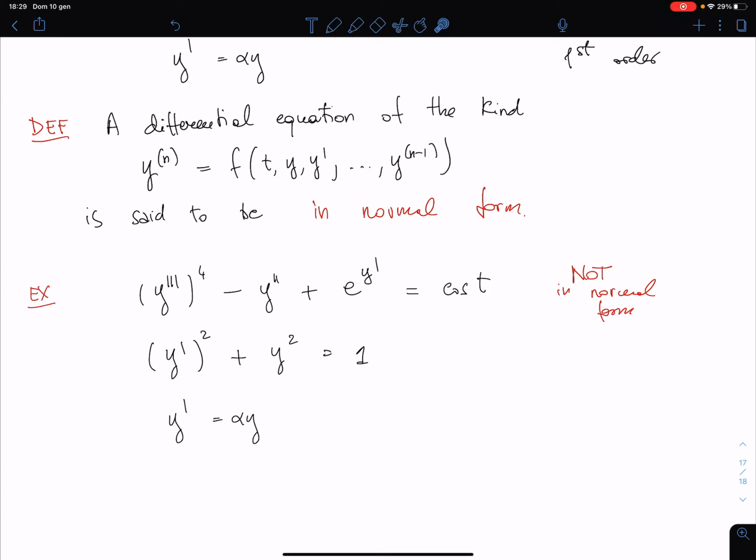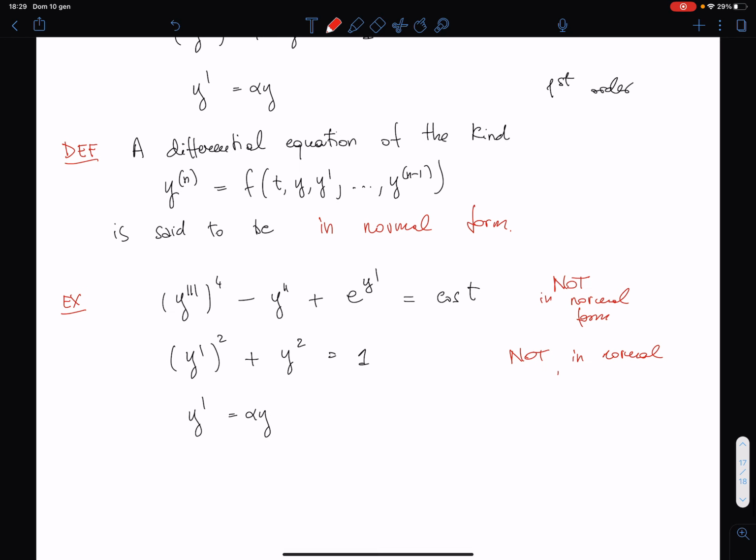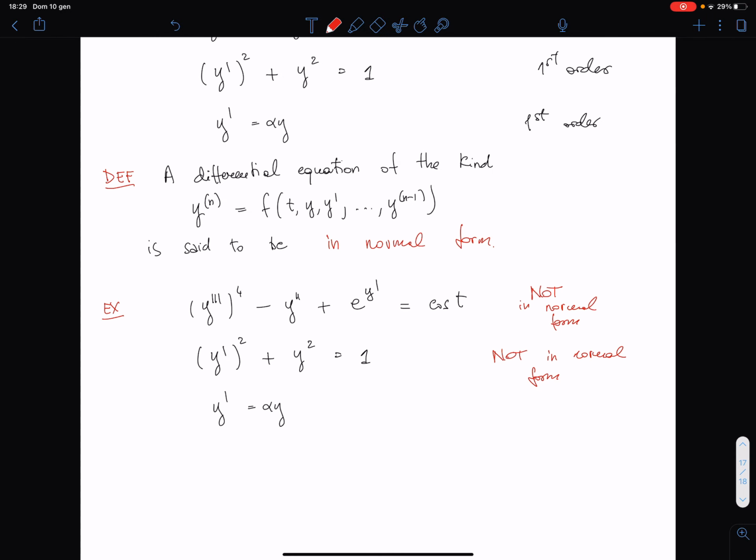In the second example, it is the same because this is a first order differential equation. Here we have y prime, but there is a second power. So it is not in normal form. Otherwise, we should have y prime equal to something. While the third equation here is in normal form because it is first order and it is y prime equal to something.